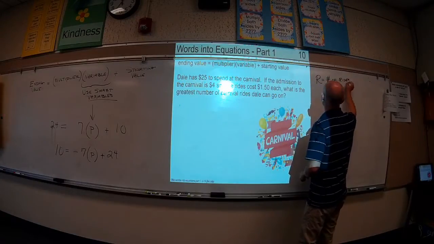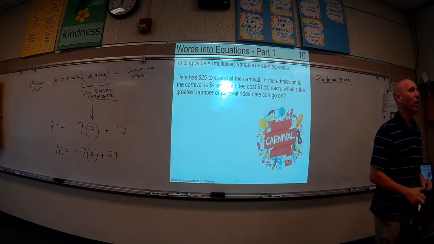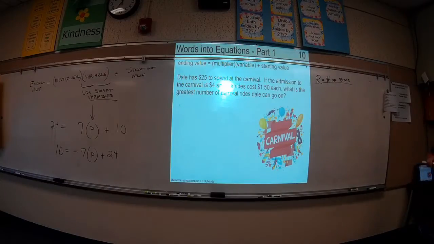Are you doing this one in your notebook? Nope. Build me an equation that represents this. I know it sounds like an inequality, just build me an equation. That's on your whiteboard. We're using R for number of rides. It's good, man.